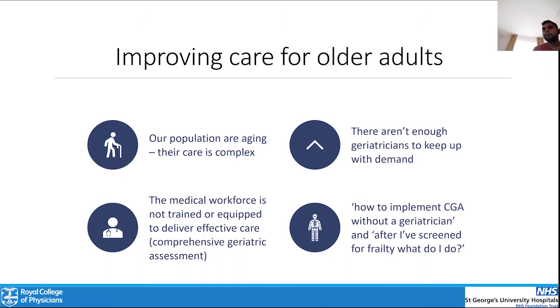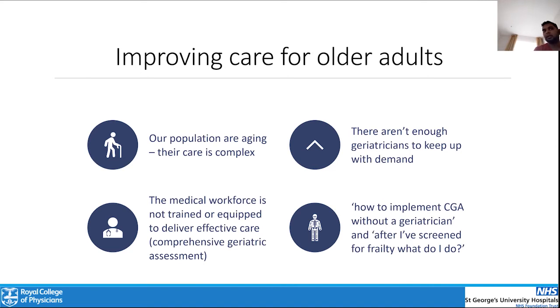So we know that the population is aging. We've talked about this complexity. The approach to these patients that I've just discussed, for the geriatricians that are listening, is something that's part and parcel of their job. However, we know that because of the national context, there won't be enough geriatricians to keep up with this demand.